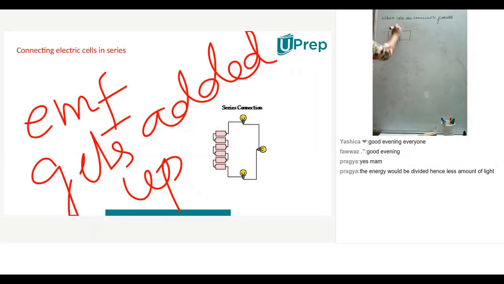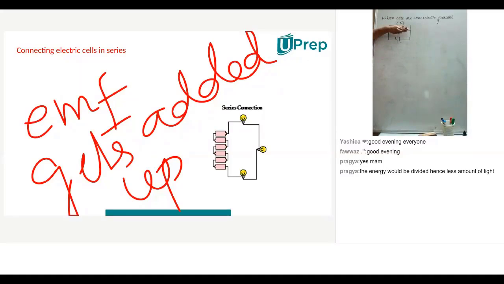See, if all the positive terminals are connected together and the negative terminals are connected together separately, it makes a parallel connection. Now, if I connect a bulb here, the bulb is also parallel with the cells I am using.